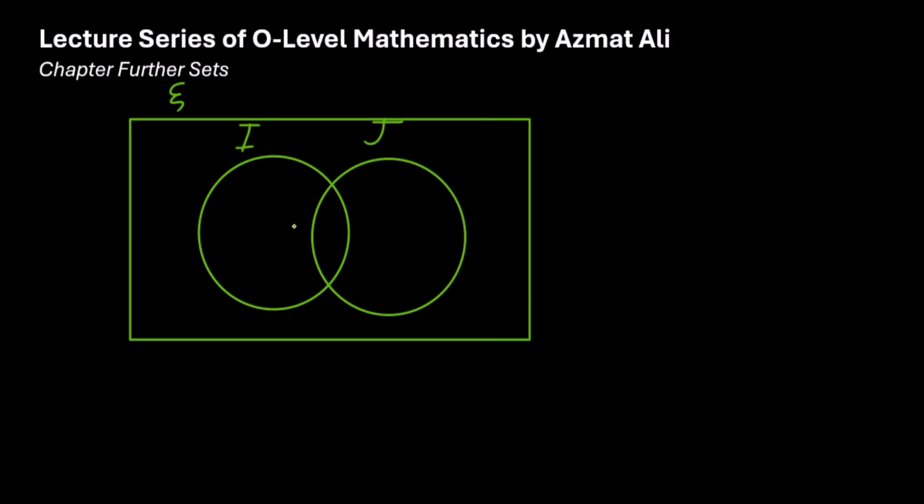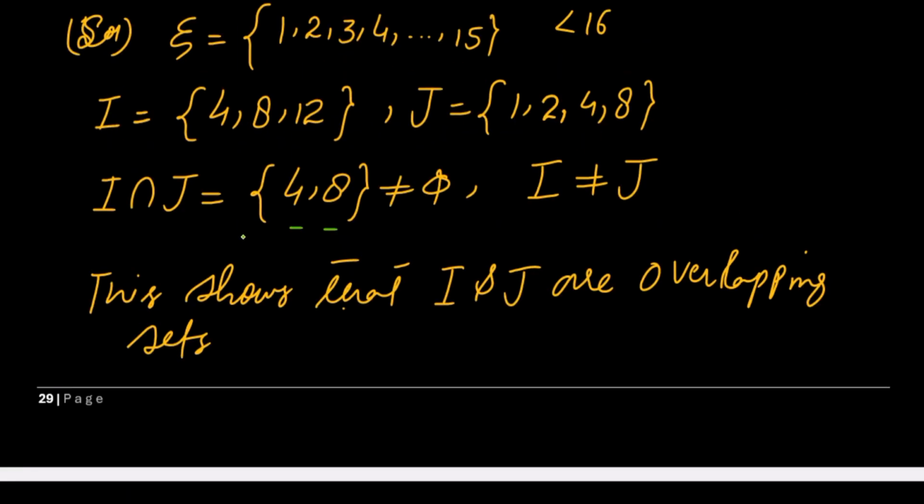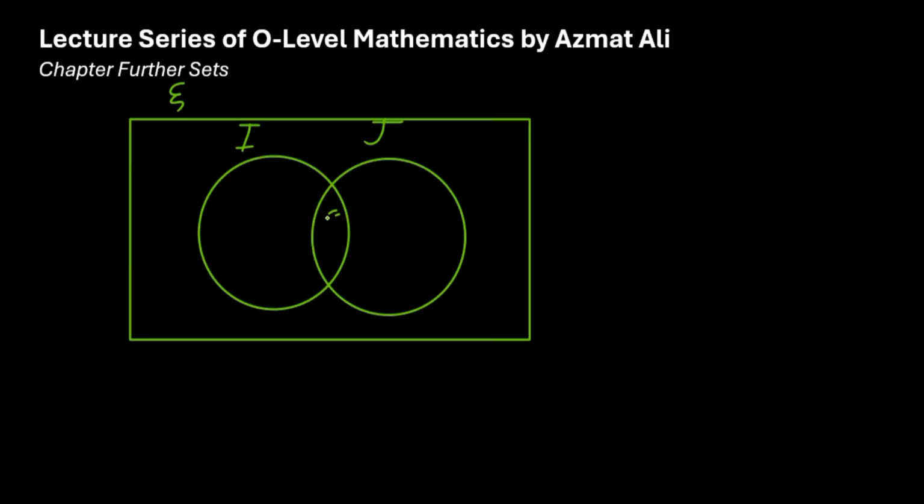Now we write each element of sets I and j. As their intersection consists of 4 and 8, this is the intersecting area. So this area has two elements, 4 and 8. So this is I intersection j.